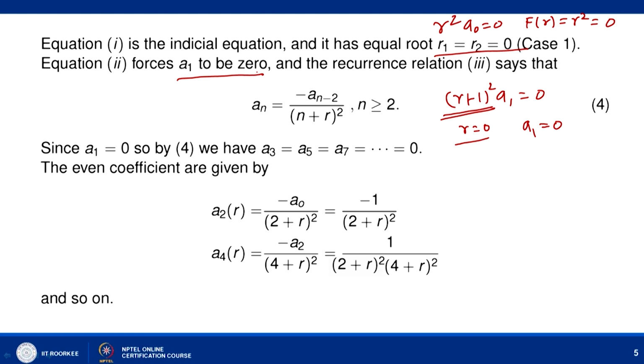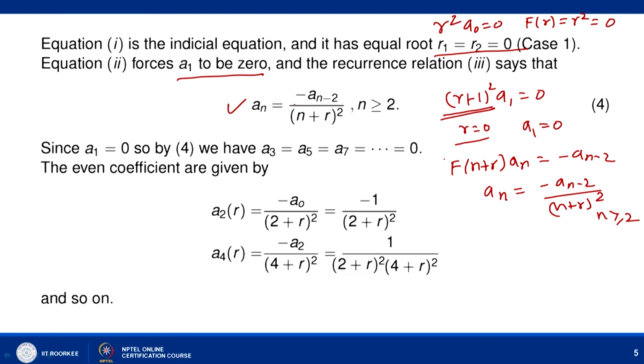And the last one is f of n plus r a n equal to minus a n minus 2. So, we can write a n as minus a n minus 2 upon n plus r whole square, and that is for n greater than or equal to 2. So, we have an equation like this: a n equal to minus a n minus 2 divided by n plus r whole square, and n greater than or equal to 2.